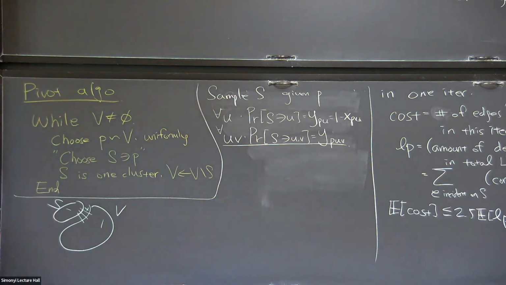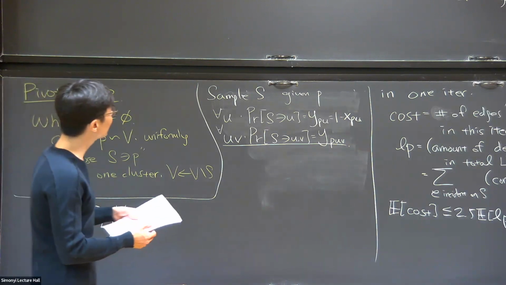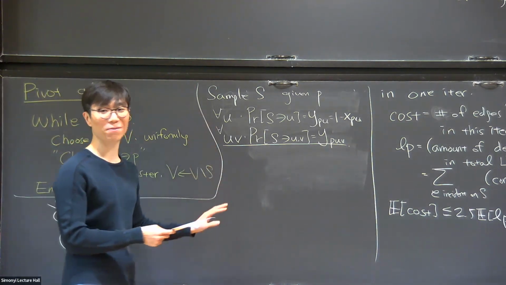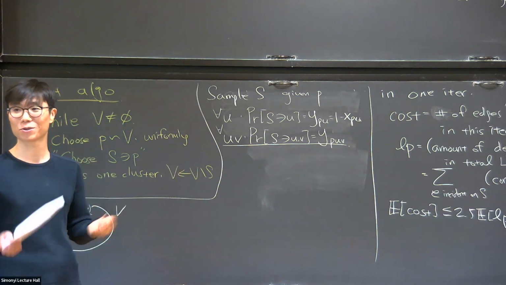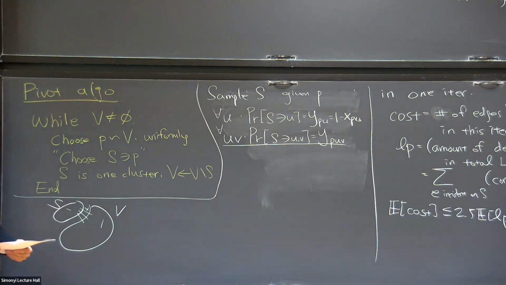Okay, so the question is, can you sample such an S given P? In this form, of course, actually we cannot. If such a thing were possible, then we could have solved max cut exactly in polynomial time, so P equals NP and things like this, or we could easily construct a counterexample.